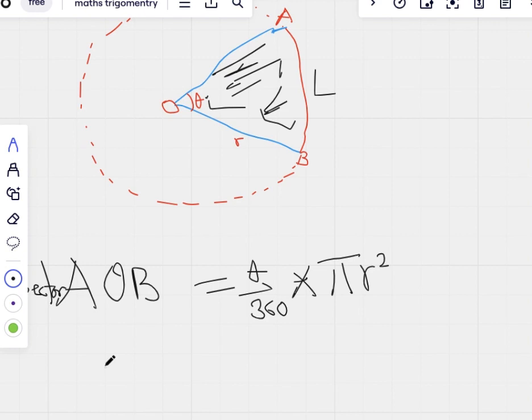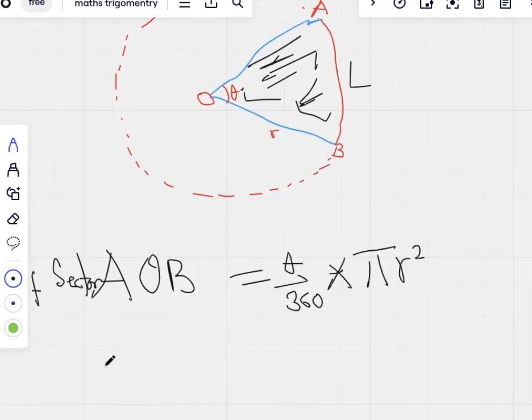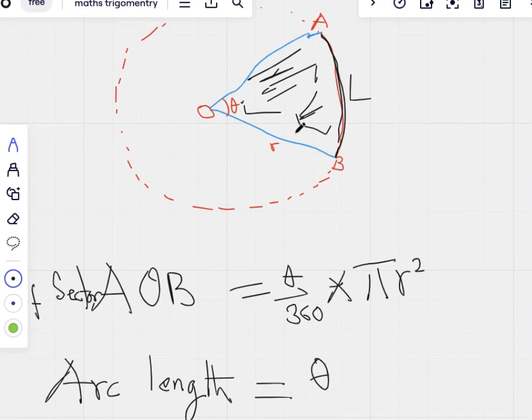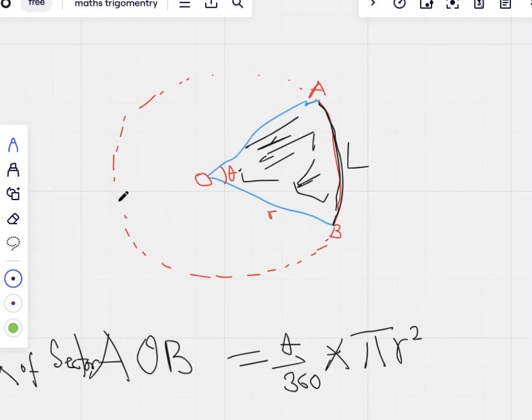Then for the arc length, the length of this arc, the formula will be: arc length is equal to a fraction of the whole circumference, because you're only doing a part of the whole circumference.